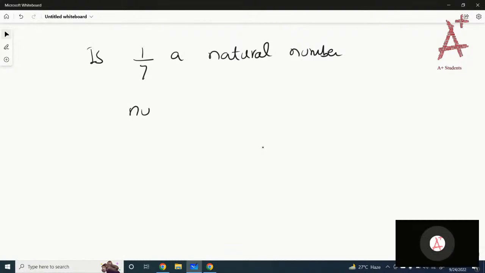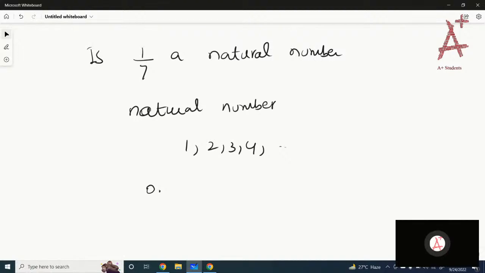So the natural numbers start from 1. They are also whole numbers, but they start from 1. 1, 2, 3. They don't have a decimal portion. When you divide 1 by 7, it's 0 point something. So in natural numbers, you don't have a decimal point. So 1 by 7 is no, it is not a natural number. Got it?